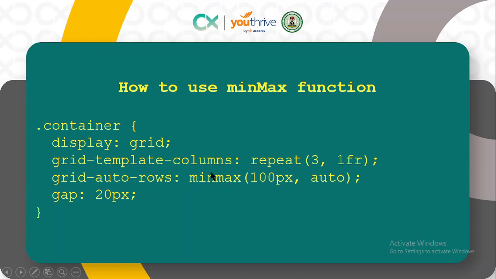Now what does this mean? The min here means, for the first parameter of this function, the value for the minimum size that the grid item will be.